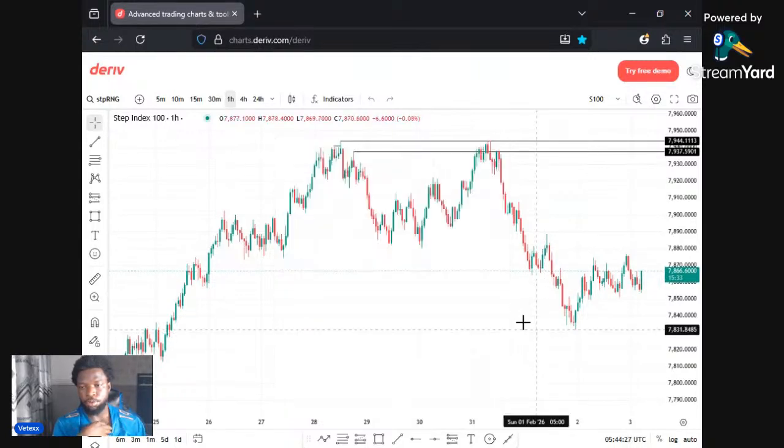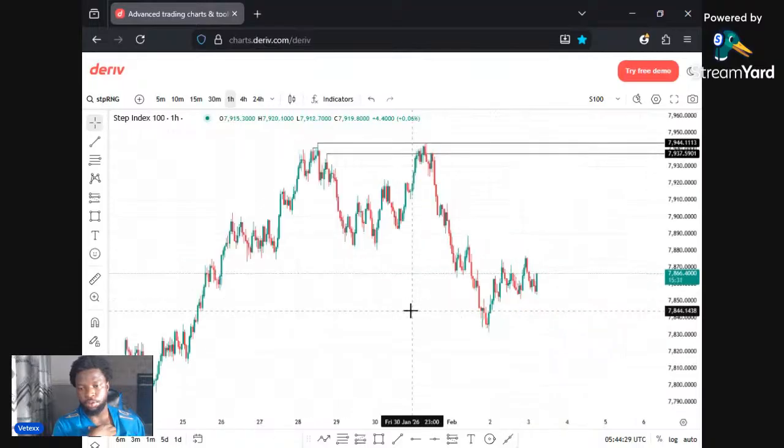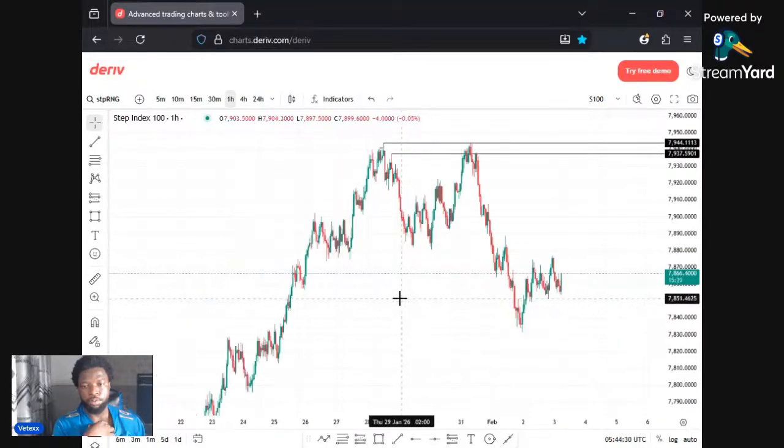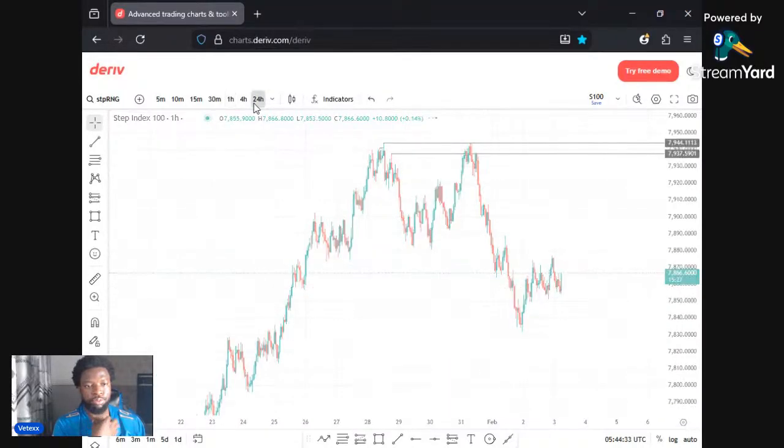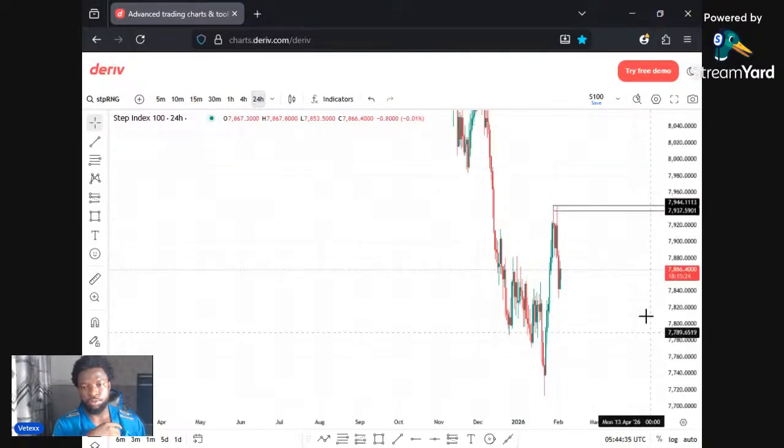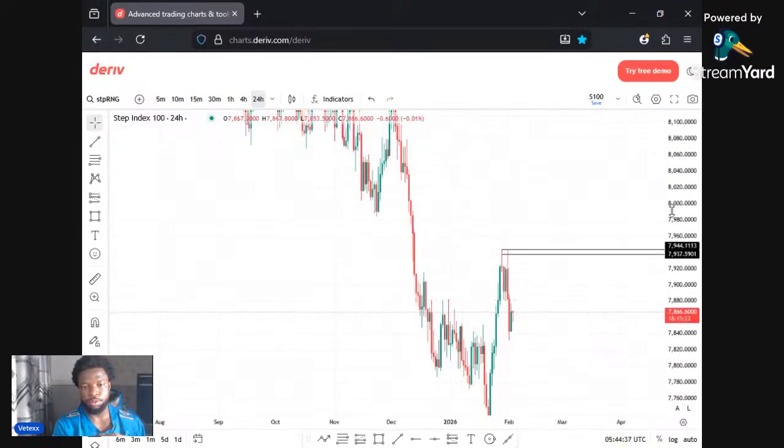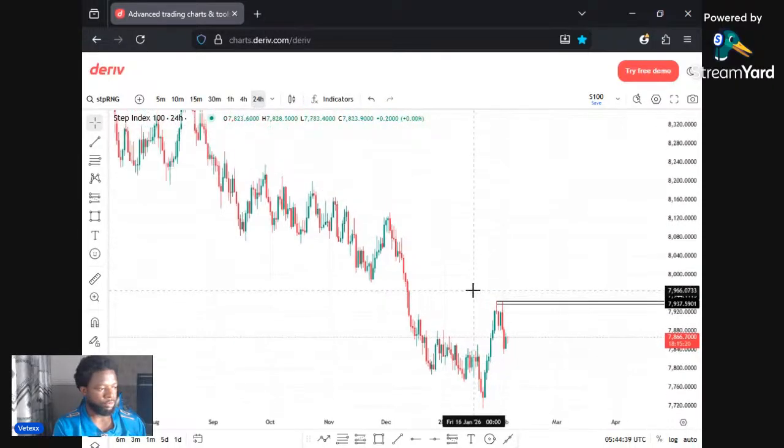Currently there's nothing on step 100, unfortunately. It's just bullish trying to do some move, but nothing is on step 100 right now. So let's go to the next one immediately.